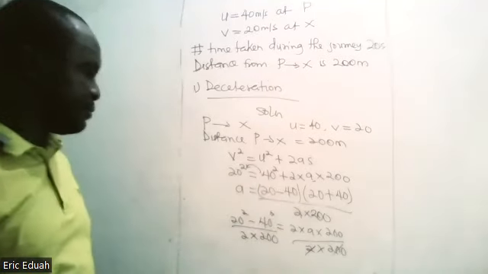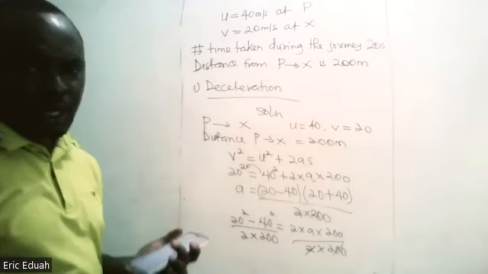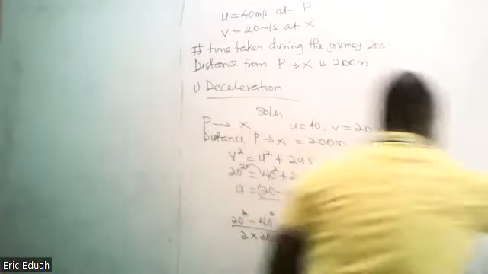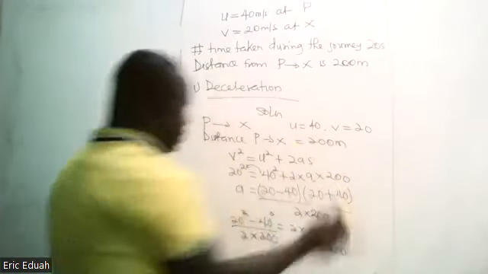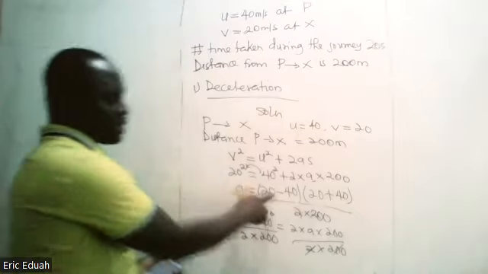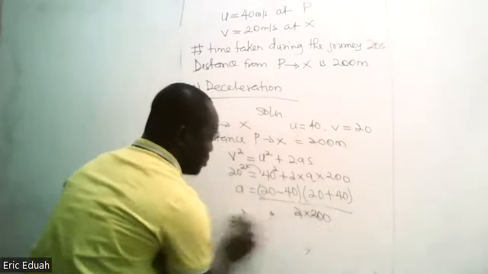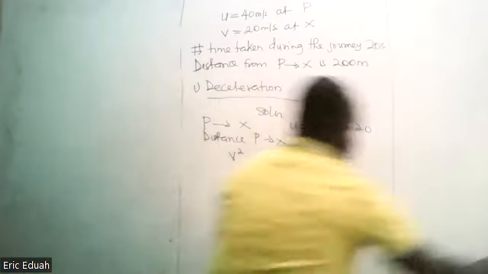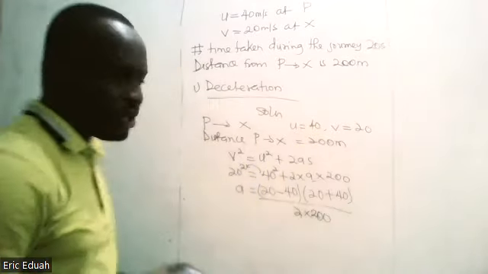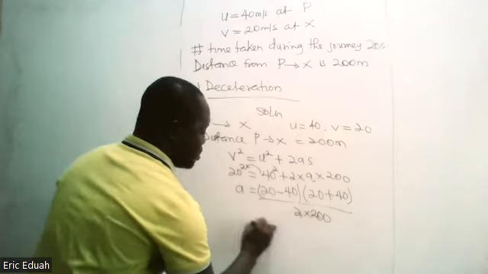Are you okay? All right. So you can also punch 20 squared minus 40 squared into your calculator and get your value. I am not using a calculator, that's why I most often use that.